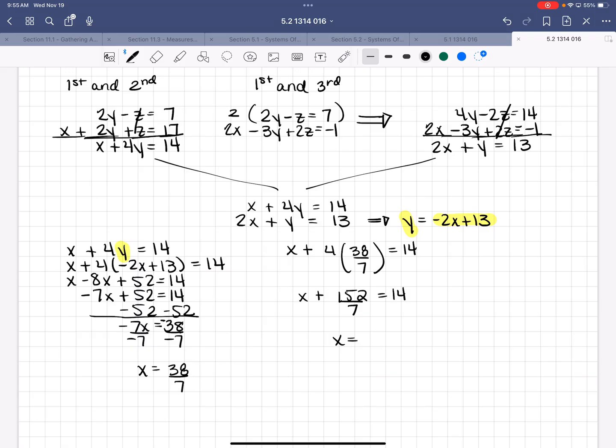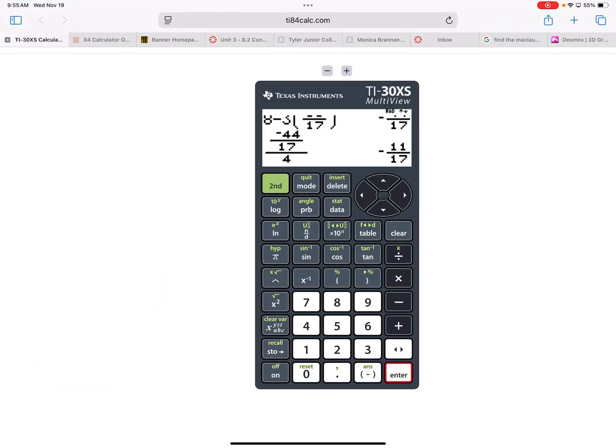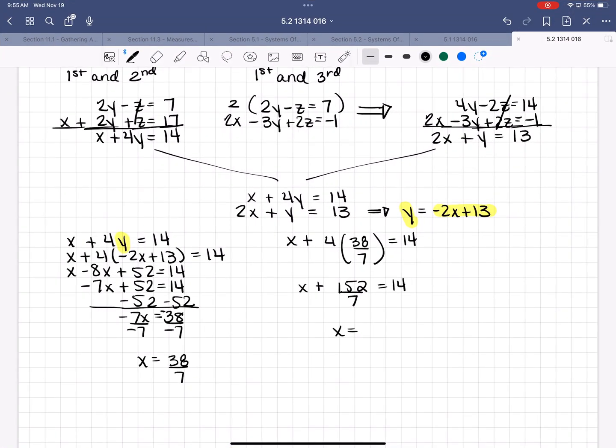X is going to equal 14 minus 152 over 7. That looks atrocious, guys. Negative 54 over 7. Oh, I already got an x. What did I do? I plugged him in the wrong one because I got disturbed. Do you see what I did wrong? I plugged in x for y, didn't I? Oh, guys, okay, nix that.